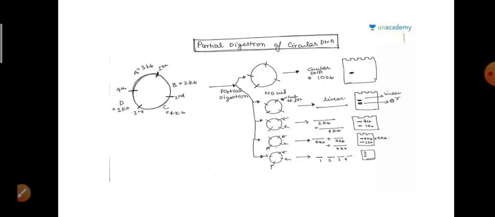In the first case, there is a circular DNA and no cut is produced. In the second case, there is a cut at only one place, which will produce a linear DNA fragment. In the third case, there are two cuts, and two bands will be produced. In the fourth case, there are three cuts, and three fragments will be produced.